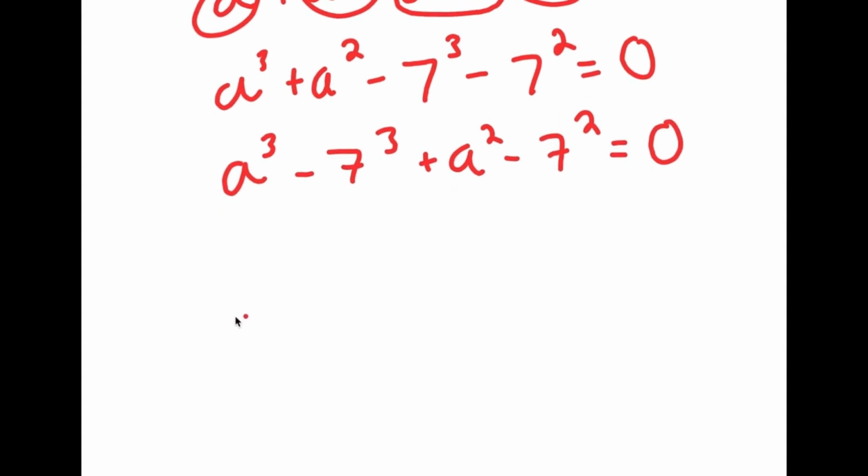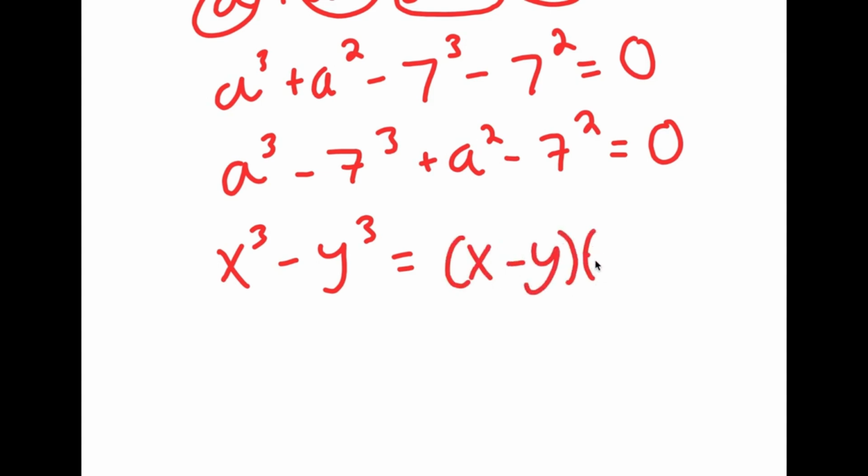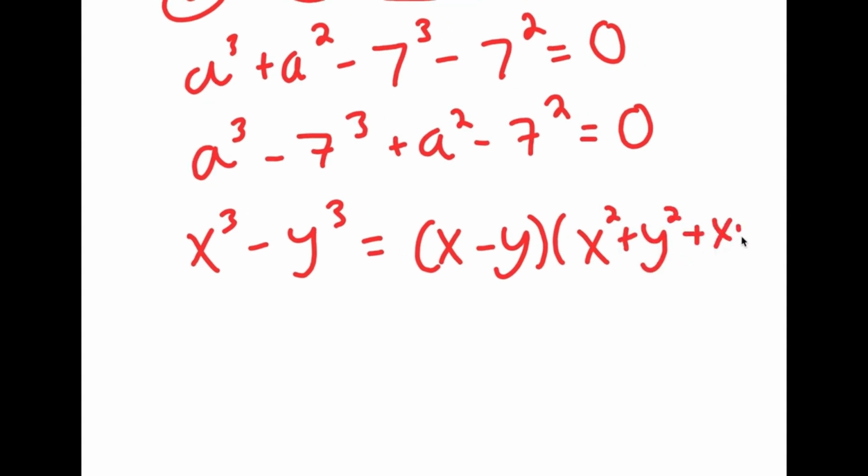Now, here are two properties that we're going to use for this. So to start, if I have something in the form x to the power of 3 minus y to the power of 3, this is equal to x minus y times x squared plus y squared plus xy.